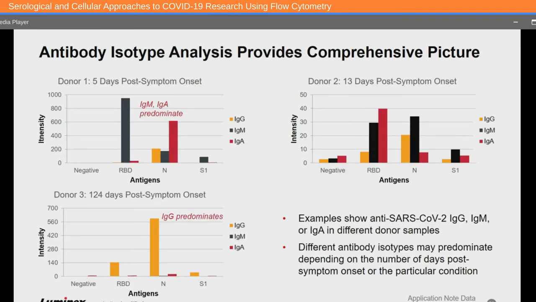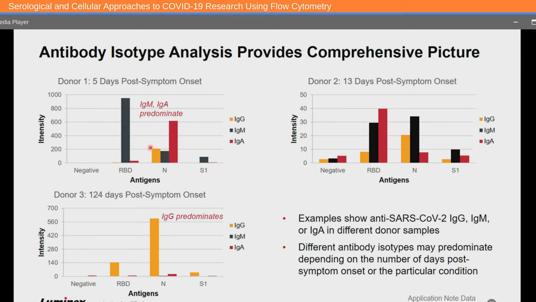Let's take a look at why looking at antibody isotypes may be important in different studies. Here we show an example of donors at multiple durations post first symptom. Donor 1, which is 5 days post symptom onset, shows the presence of IgG antibodies against the nucleocapsid antigen.